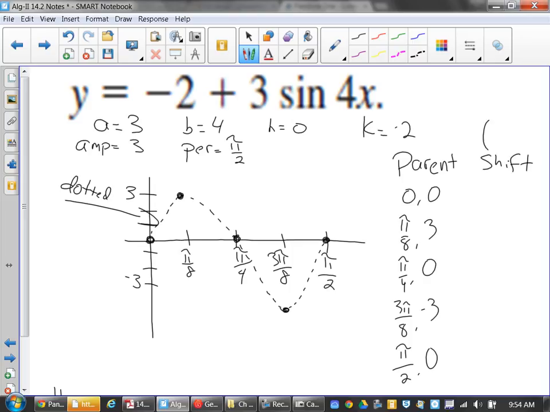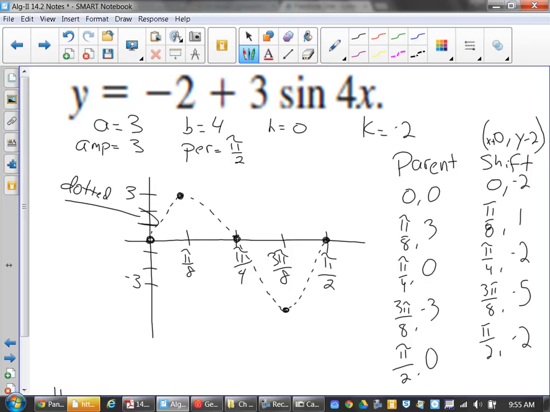Remember, your shift will be no shift on the x, but it'll be a y minus 2. So each of these ordered pairs, the x values stay the same, but the new one is at 0, -2, pi over 8, 1, pi over 4, -2, 3 pi over 8, -5, and then pi over 2, -2.